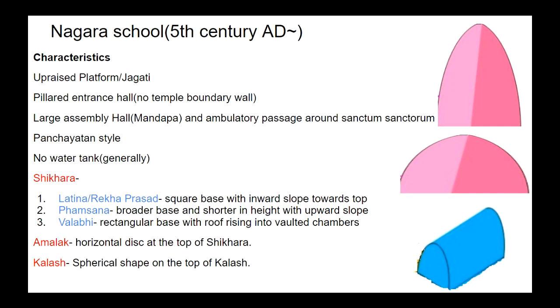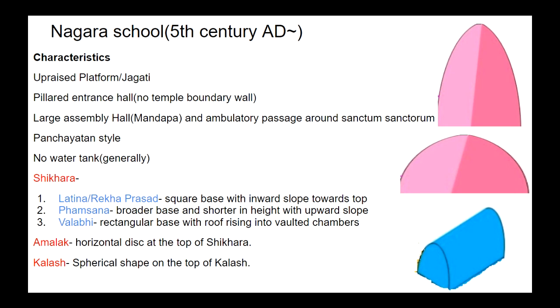Nagar school or Nagar style temple architecture. The characteristics of Nagar style temple architecture are a raised platform, also known as Jagati, then a pillared entrance hall. We don't find any temple boundary wall in Nagar style temple architecture.